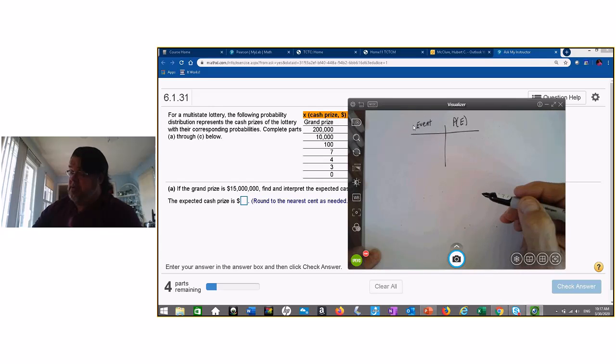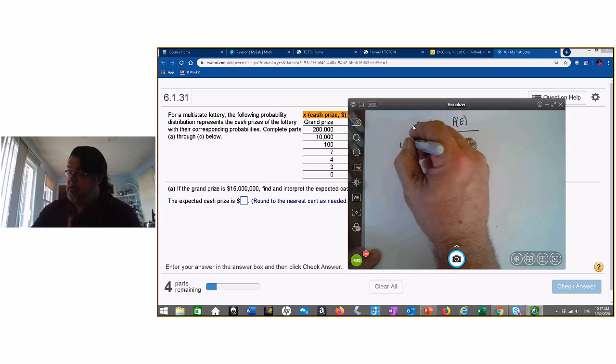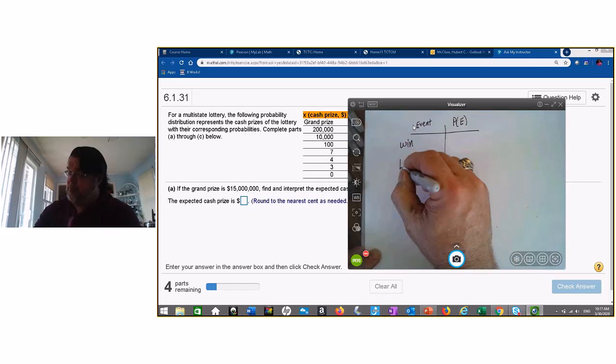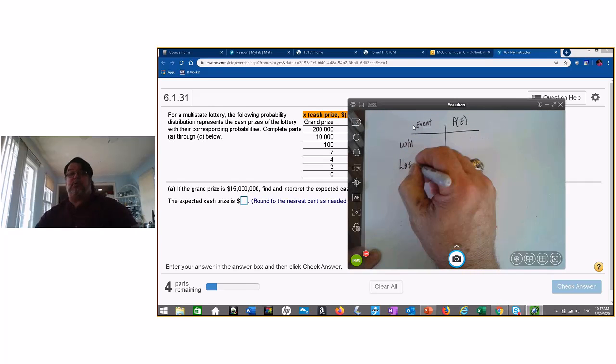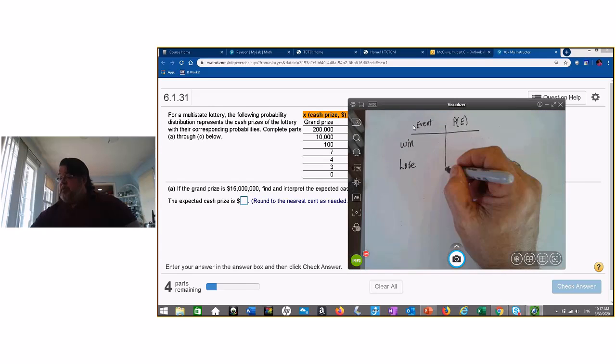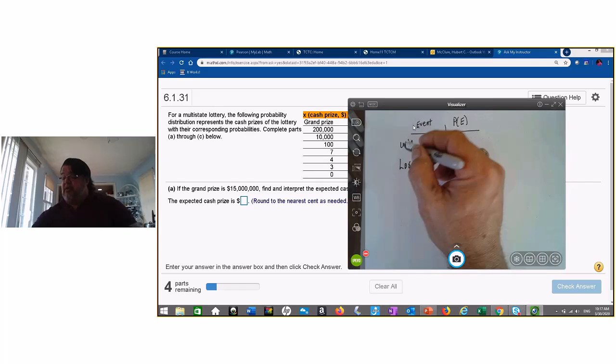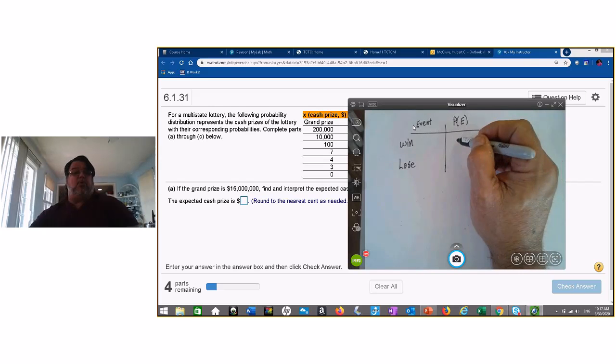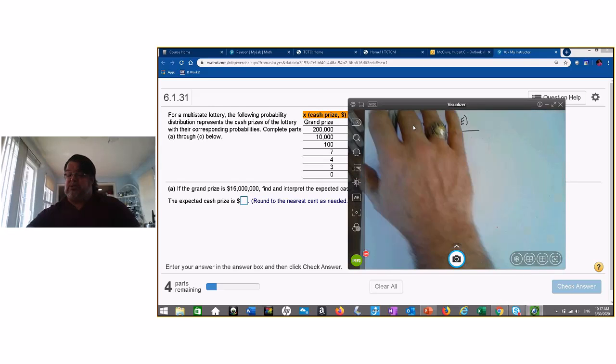And the event, you either win or you what? Lose. So, if I win the event, then what is the probability of winning?